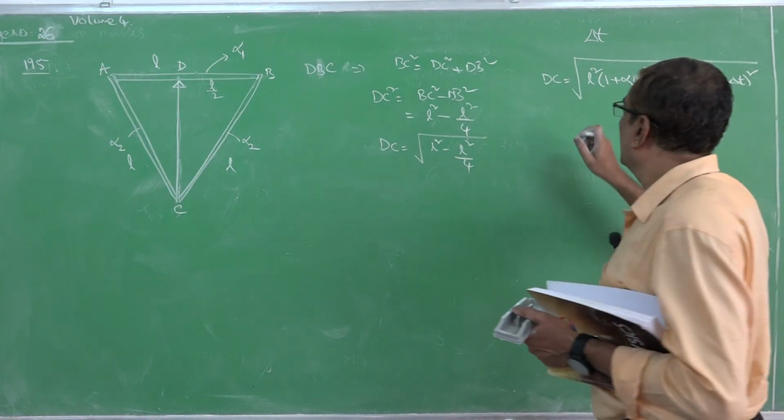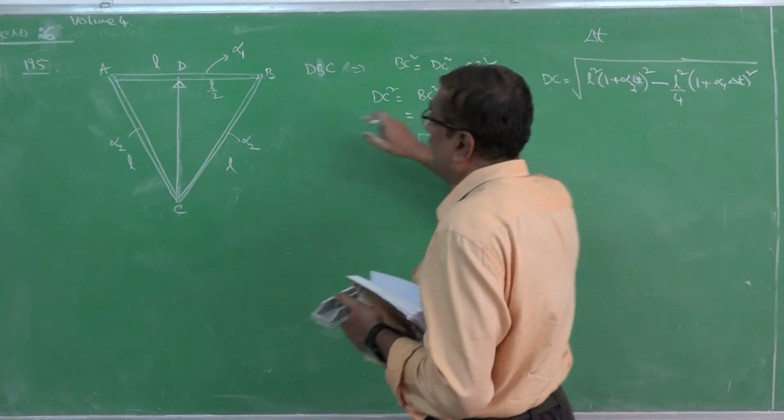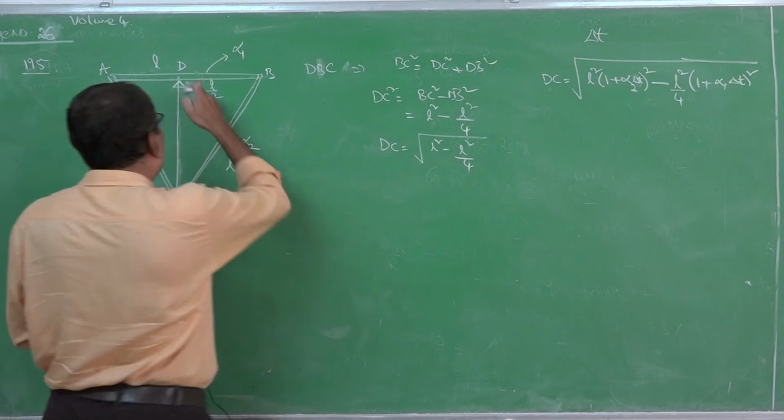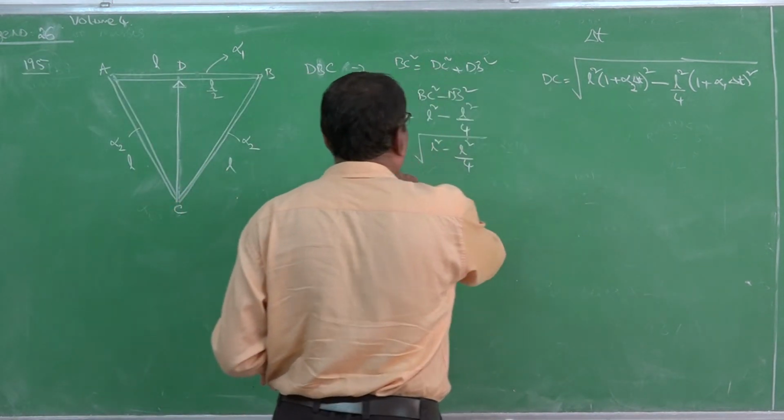On heating by delta T, their length changes so that again it resumes the same equilateral triangle and this distance remains constant. So this DC and this DC are equal.